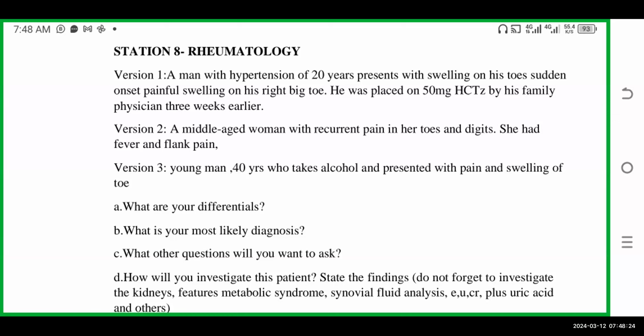Okay, so this is question 8. Volunteers. We are up to 19 in class, so let someone volunteer, please.